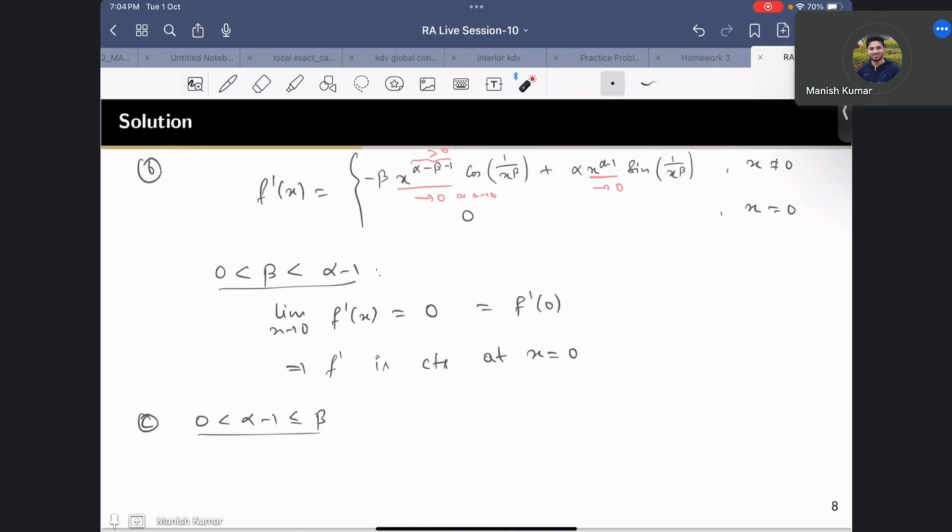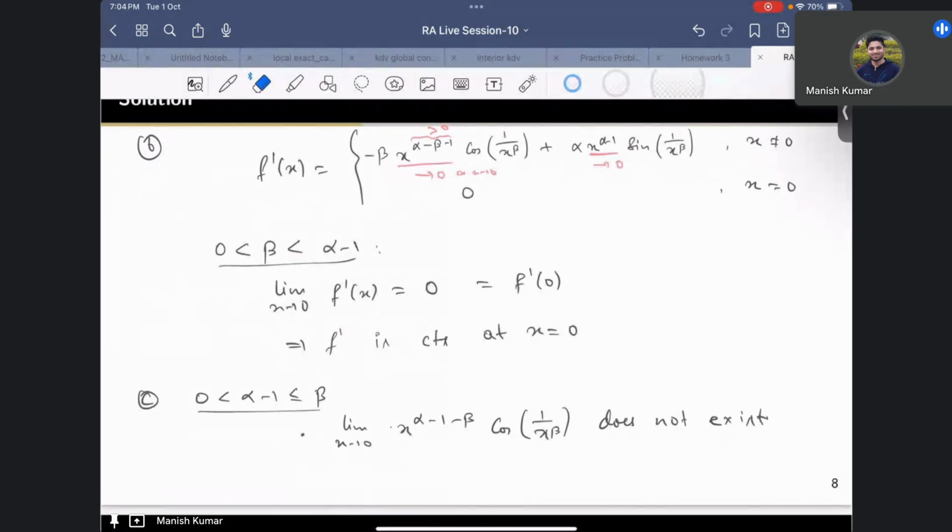So maybe I can say that the limit x going to 0 of x to the power alpha minus 1 minus beta cos of 1 by x to the power beta does not exist, okay?